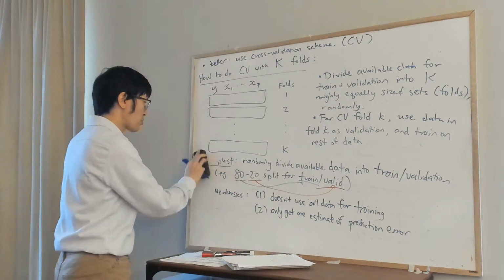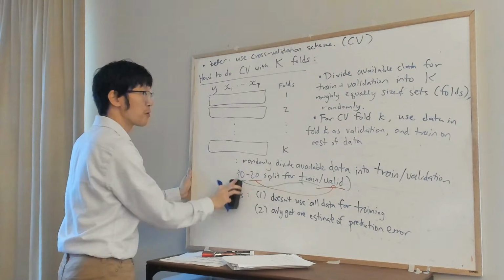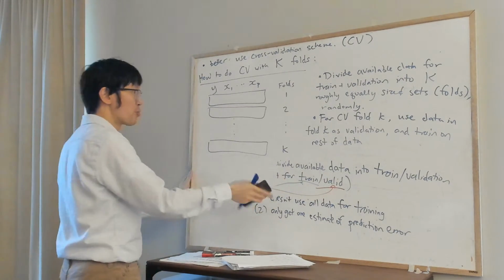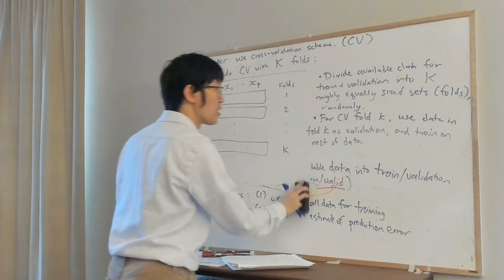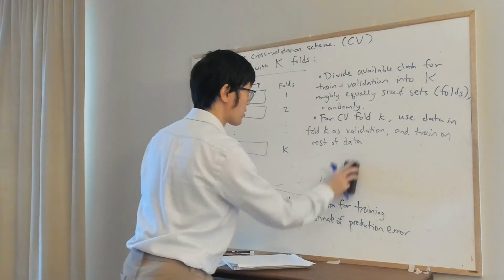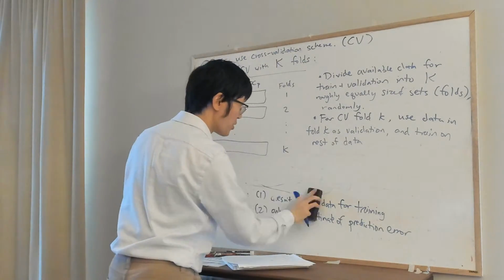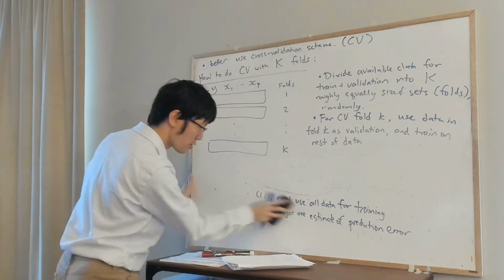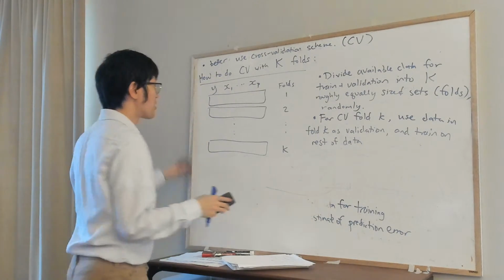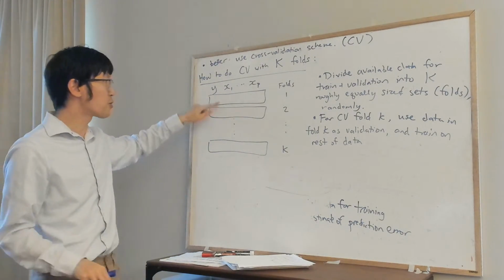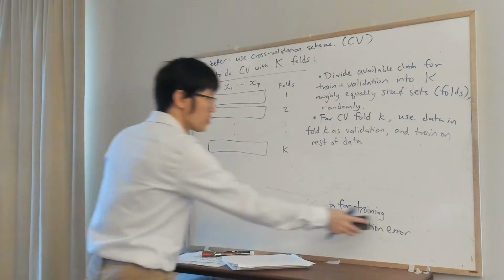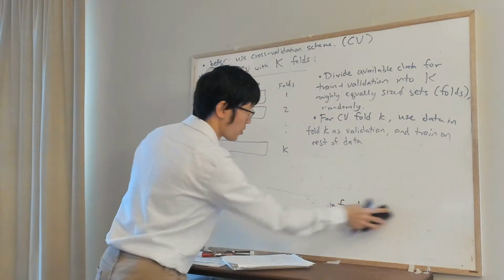And so after we do that, essentially we're repeating the process capital K times, and that ends up giving us capital K different estimates of our prediction error. As we cycle through each of these folds, it overcomes the two weaknesses that we encounter.